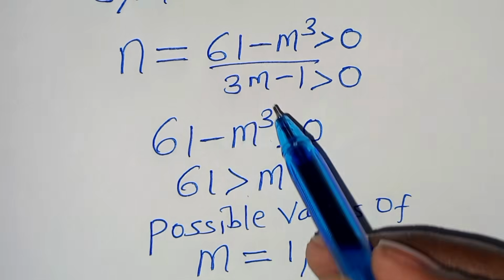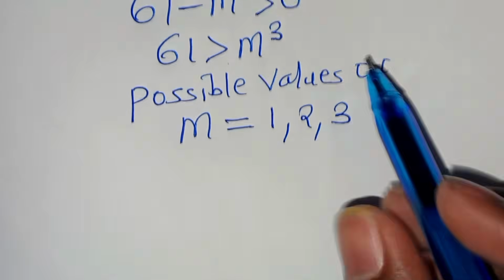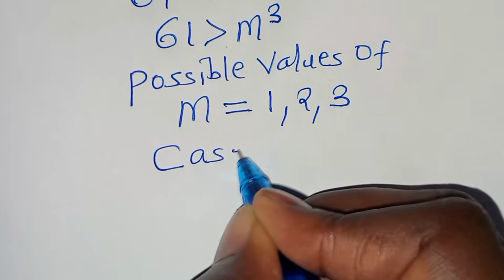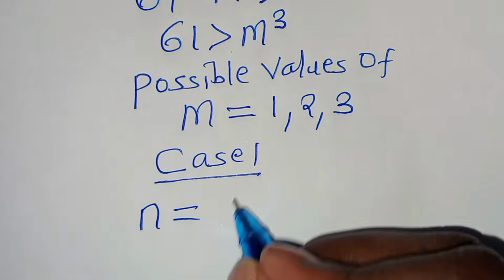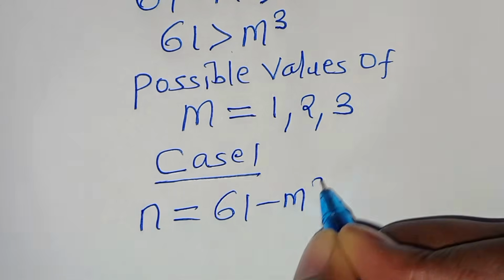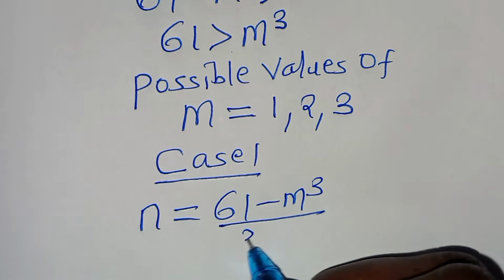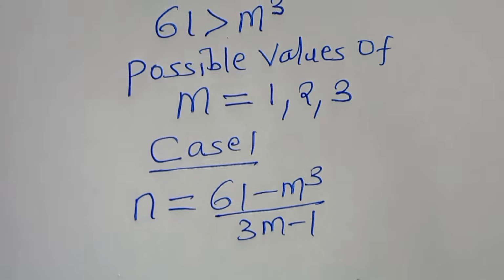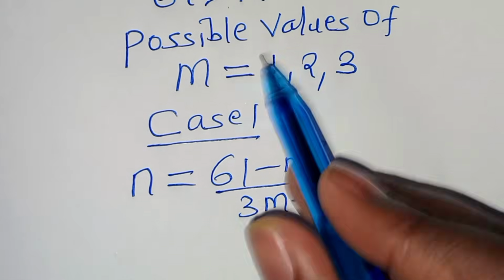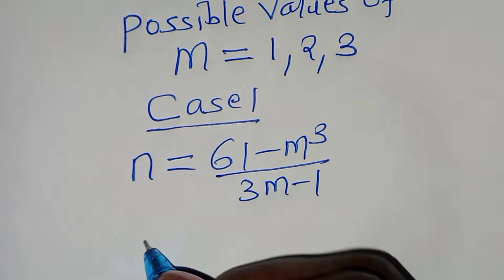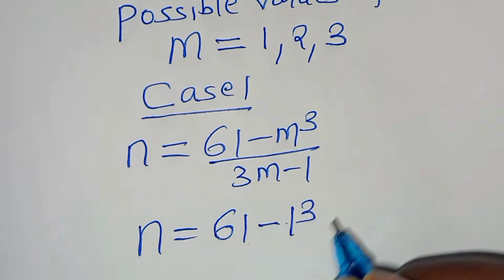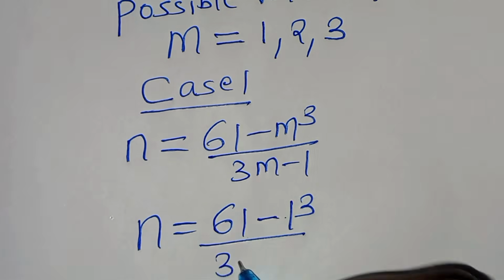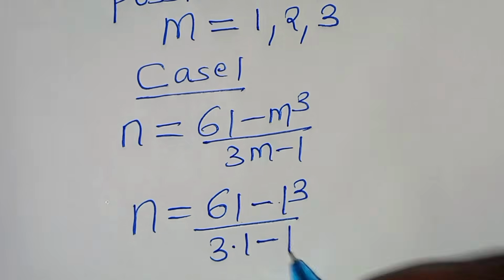Let's substitute so that we get the value of n. So let's start with case 1. We have n equal to (61 minus m to the power of 3) divided by (3m minus 1). Substituting m equal to 1, we have n equal to (61 minus 1 to the power of 3) divided by (3 times 1 minus 1).